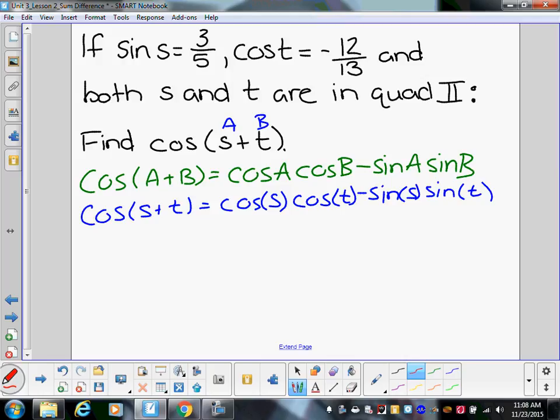So I actually know a couple of these values. We're given the sine of S, so we could plug that value in right here for sine of S. That's 3 over 5. And we're given the cosine of T, so we can plug that in.